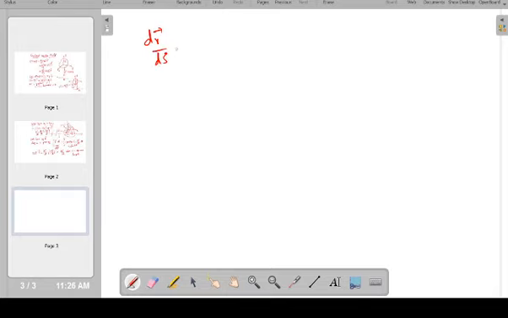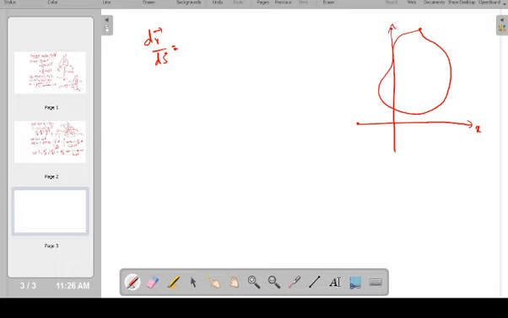Dr by ds, how do you write it? Let me draw a figure again. This is the xy plane. This is the region R, and here is the parameterized curve C. Here is the interval a comma b. Here you have t. This point is r of t.